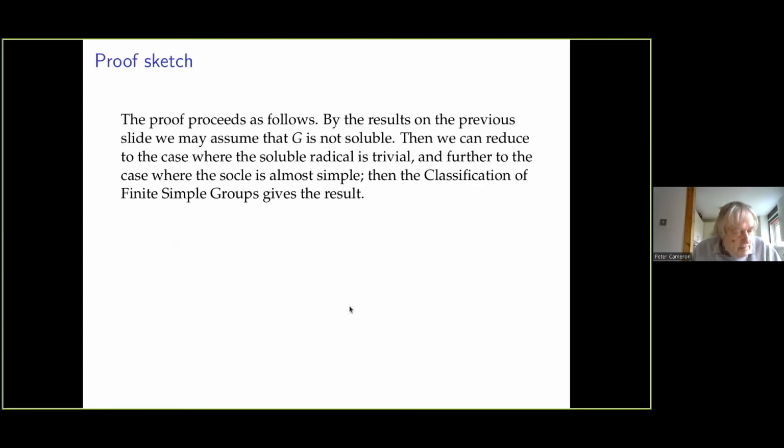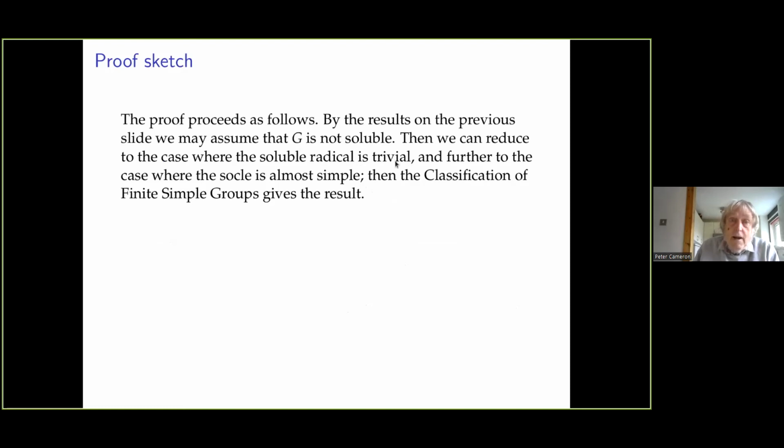Okay, so I'll give you a sketch of the proof. You can probably guess roughly how this proof will go. We can assume that G is not a soluble group, and then we look at the soluble radical, and we show that you can factor it out essentially, and you can assume that the soluble radical is trivial.